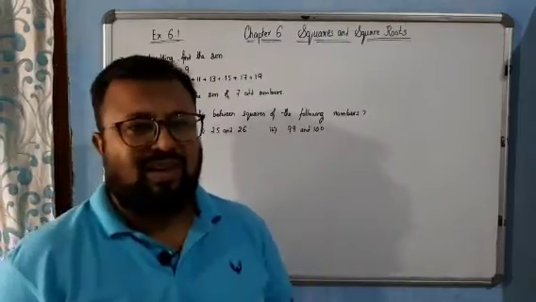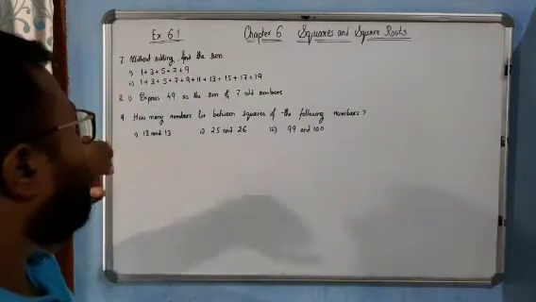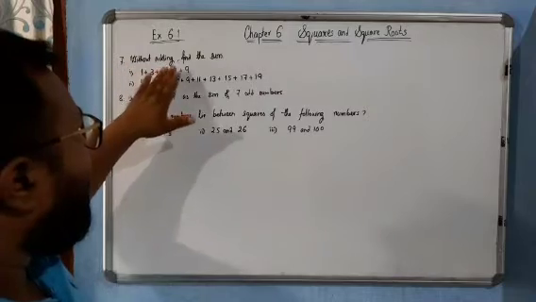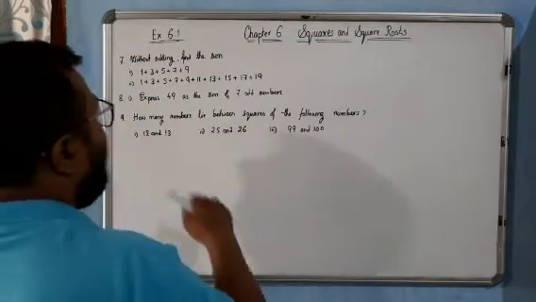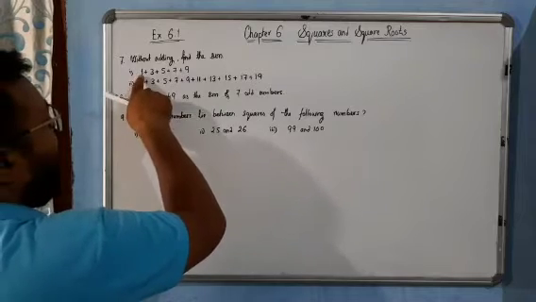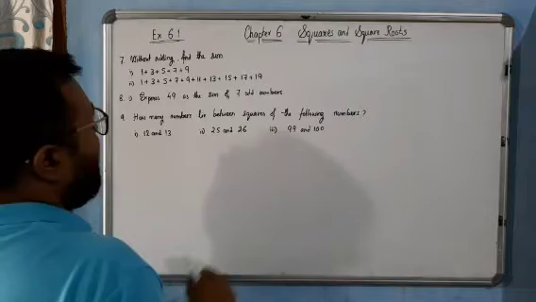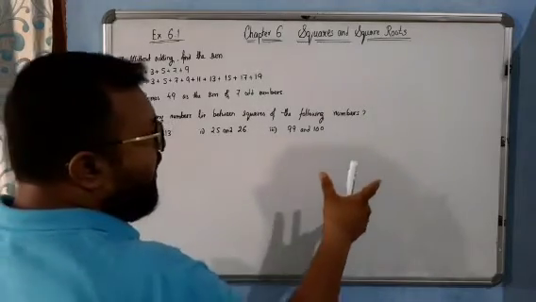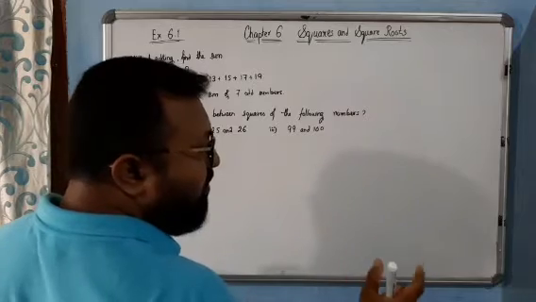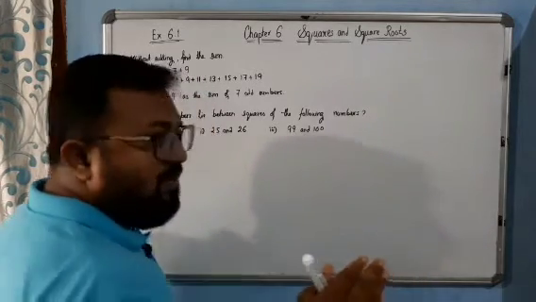The next questions are of this exercise 6.1, question numbers 7, 8, 9. See here. Without adding, find the sum. It's very simple here. You can see we have consecutive odd numbers. Remember, when we tried to find square roots, as I explained in the chapter, we did repeated subtraction of consecutive odd numbers.